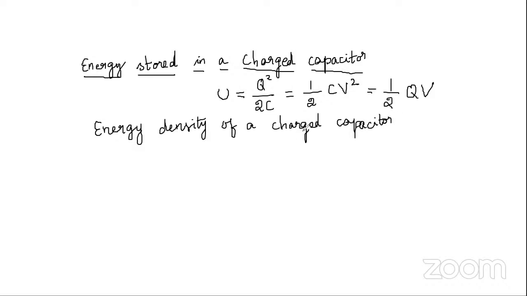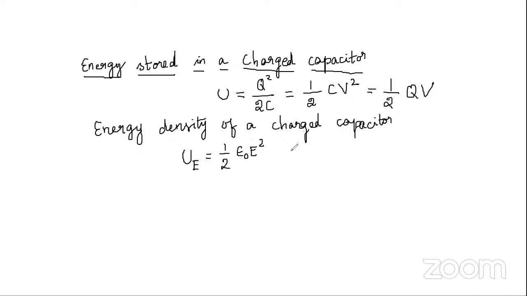So what is the equation for the energy density of a charged capacitor? It is represented by the symbol U suffix E. Energy density means energy per unit volume. So half epsilon naught E squared is the energy density.